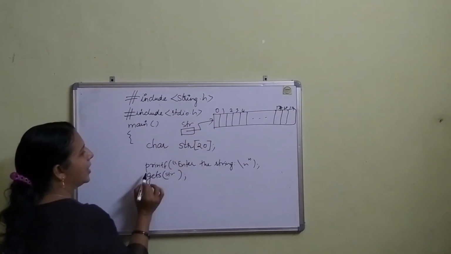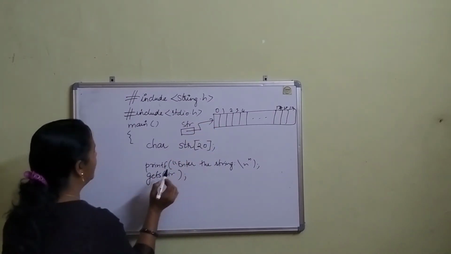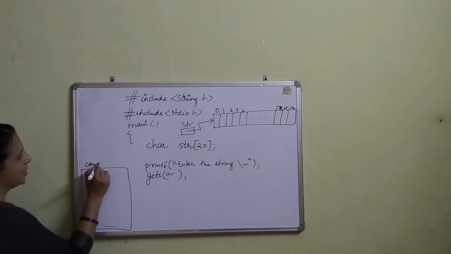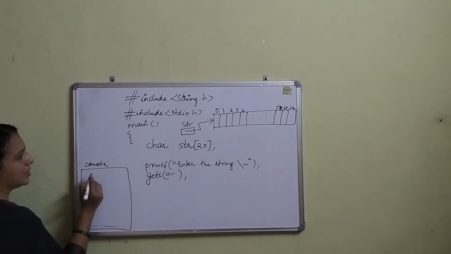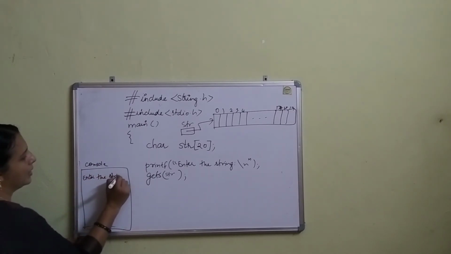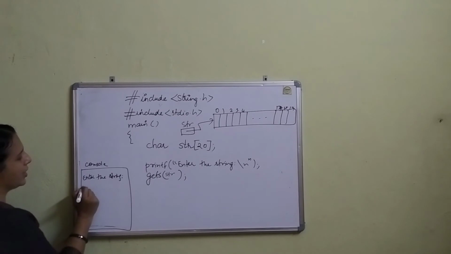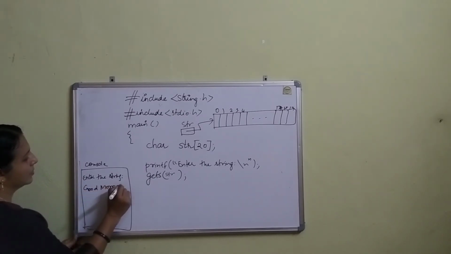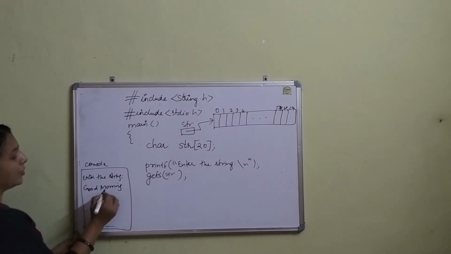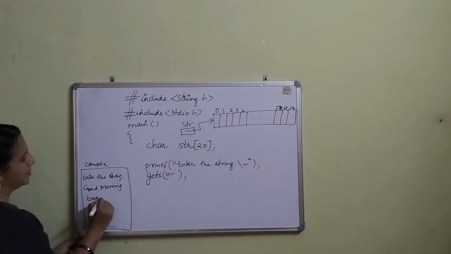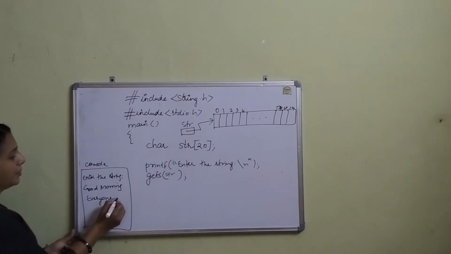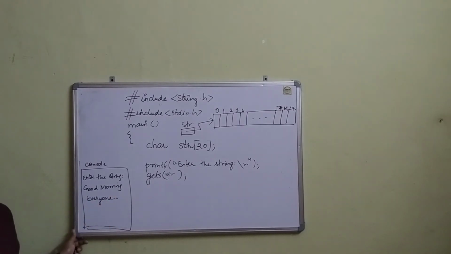After this printf, on your console you get the statement "enter the string". Suppose the string is "good morning everyone." A sentence is there, and a full stop is also there.